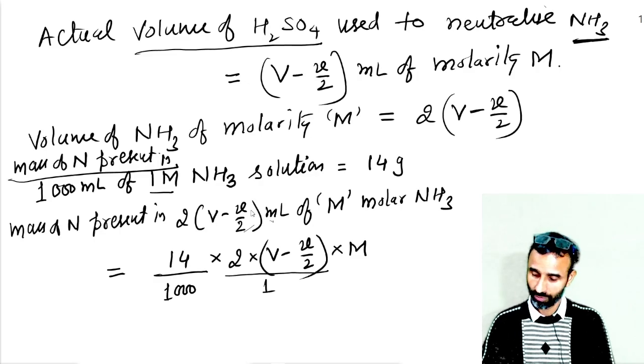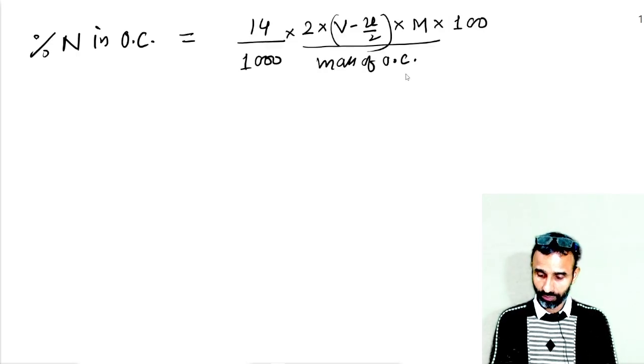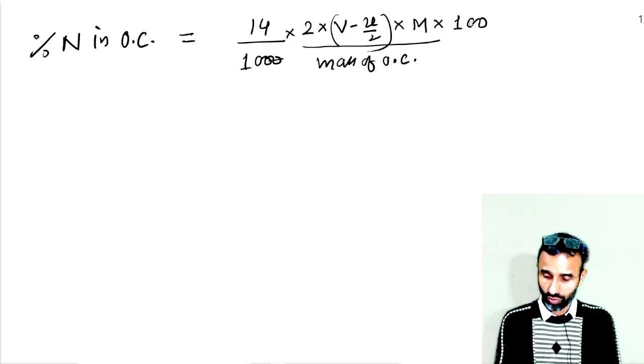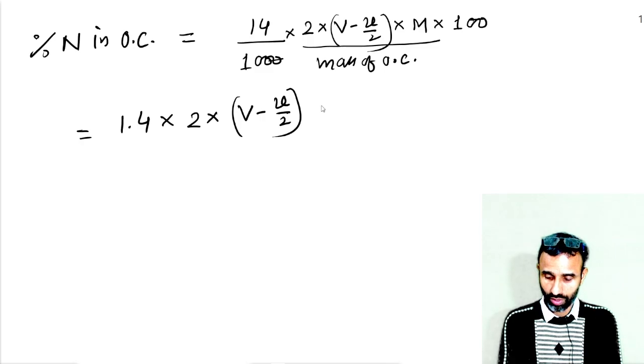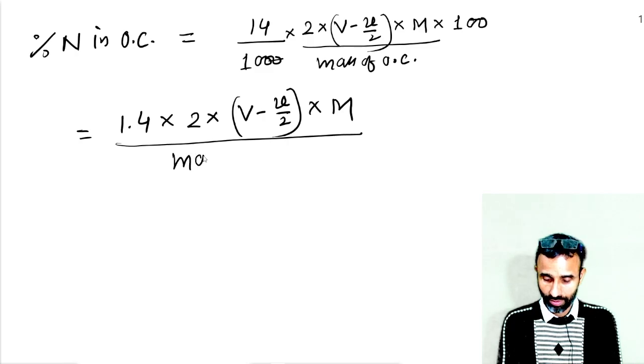So in this way, the zeros cancel. So 1.4 into 2 into V minus V by 2 into capital M divided by mass of organic compound.